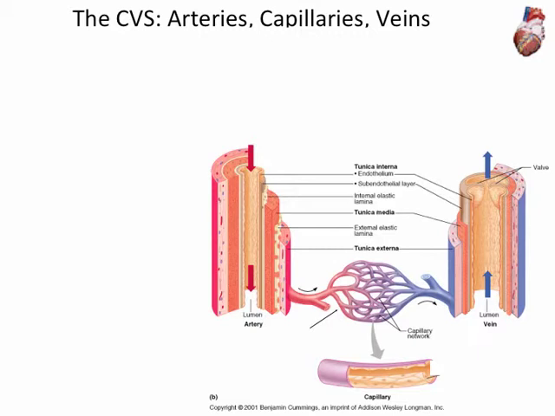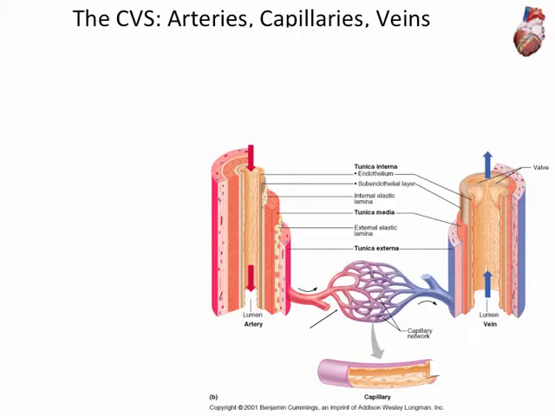And you can see it kind of looks like a Swiss cheese. And it's made of elastic tissue. So arteries, because they expand with a pulse of blood, you need an elastic layer there to help bring the blood vessels back to their pre-expansion state.